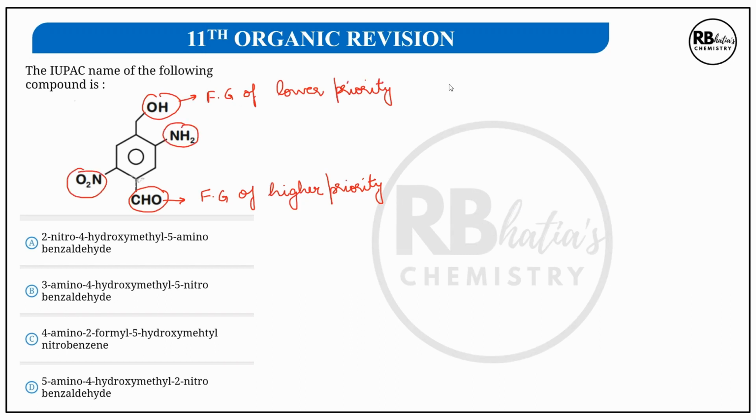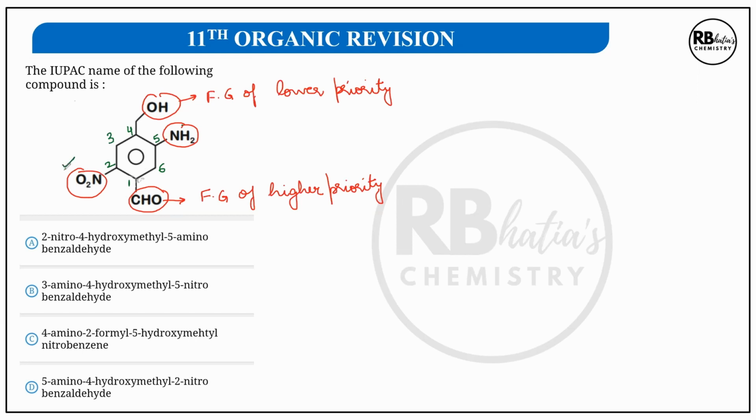So our numbering has to begin from this carbon 1, and we have to go wherever we get the lowest locant rule. So I'll go as 1, 2, 3, this is 4, this is 5, and this is 6. So the naming will go as 5 amino. Why amino first?